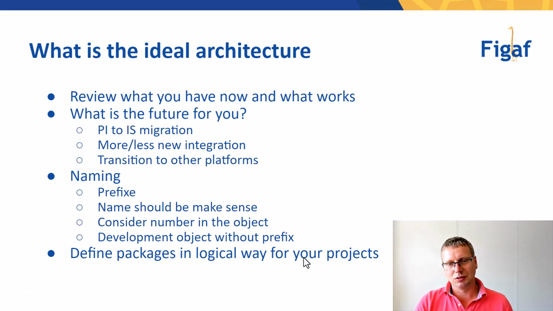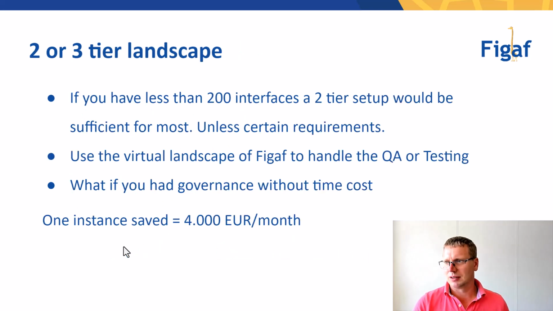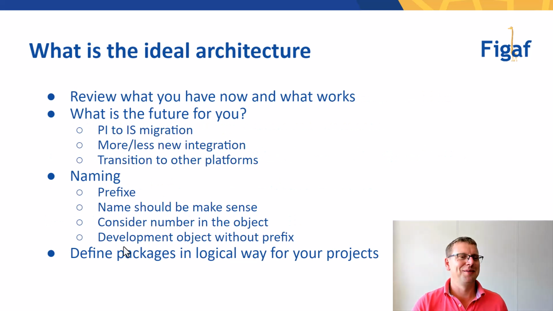I also enjoy having the development object and production object be the same, without a dev prefix. I know a lot of you have been using a two-tier landscape, with both QA and dev on the same system, where the only way you determine it is by adding prefixes and postfixes.